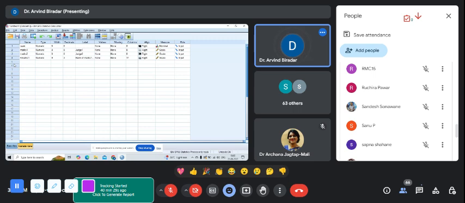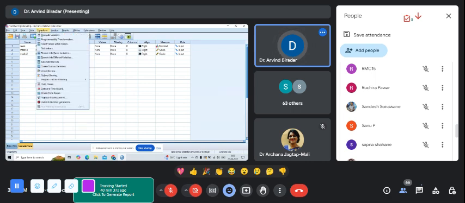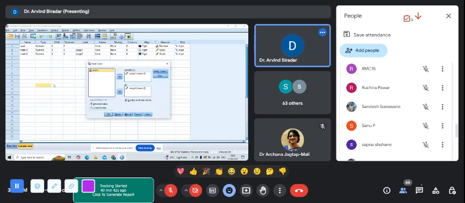I just want to remove it, clear, and transfer rank cases. Reset. Values of this, it's correct.